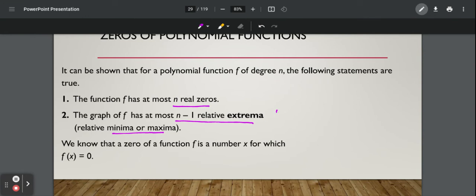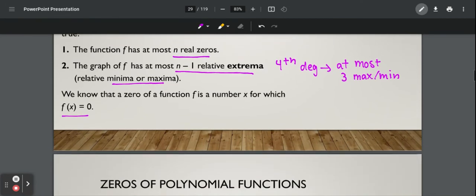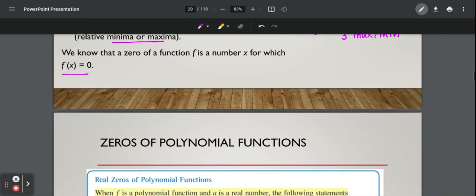So if you had a 4th degree polynomial, you could have at most 3 maxes and mins. You don't have to have that many, but you could have at most that many. And a zero for the function is when y equals 0. So if we plug a 0 in for our f of x and solve for our x values, those would give us our zeros.